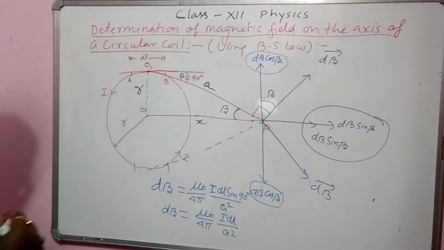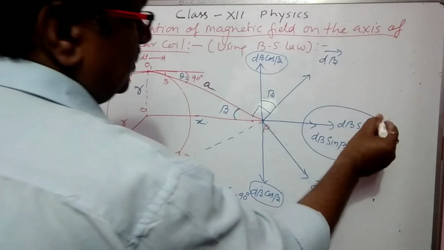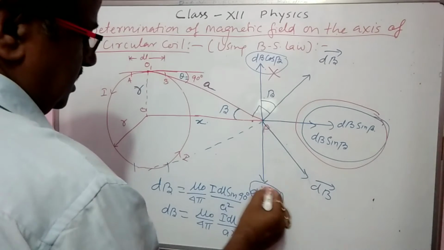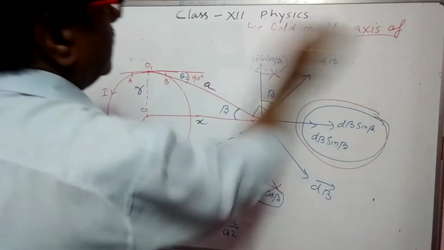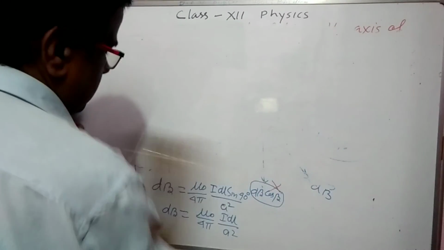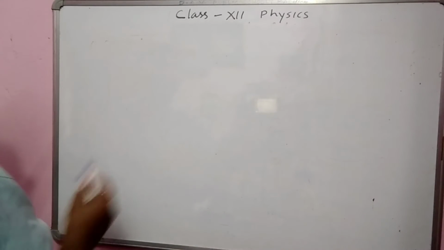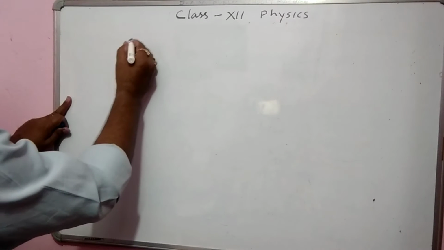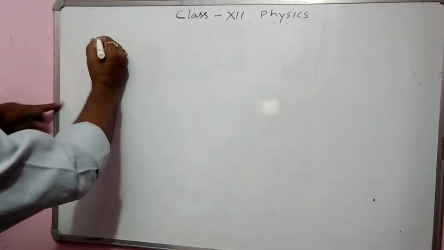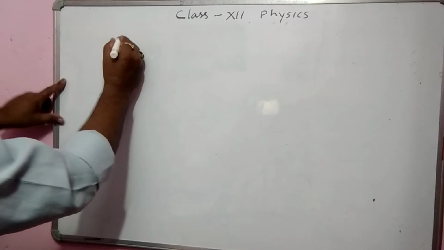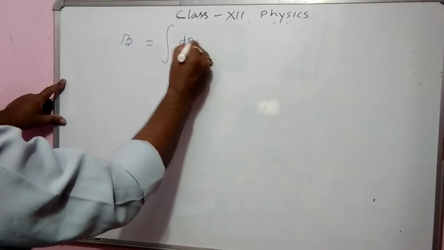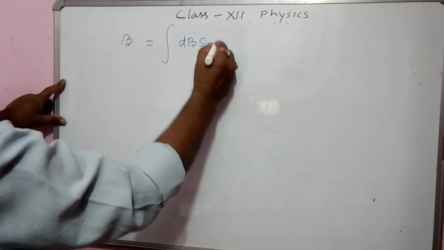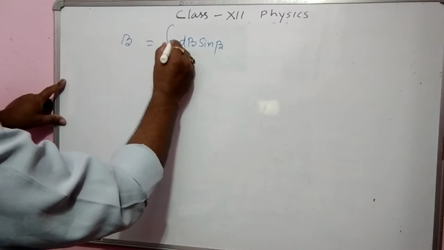This will be the total magnetic field along the horizontal direction, and these two will get cancelled because they are equal and opposite. Therefore, we can write the net magnetic field intensity at P due to the current elements as B equal to the integration of dB sine beta, that is, 2 dB sine beta.